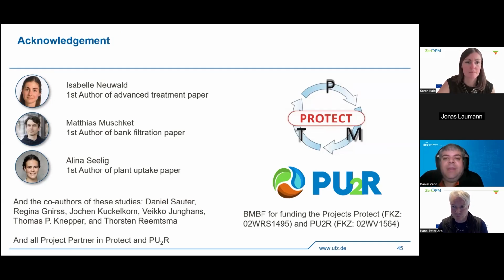It was mainly based on work we did at the beginning of the Protect project. In 2021, we did suspect and non-target screening in different waters, mostly surface water. And based on the results there, we prepared the list for the following studies.